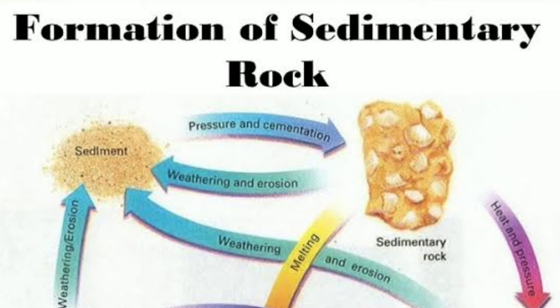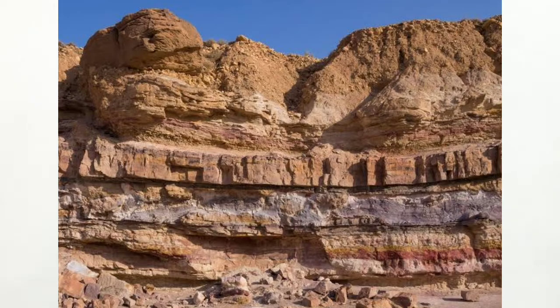With the continuous deposition of these sediments one over the other, layers of sediments form, and due to pressure, these layers are converted into sedimentary rocks. As the sediments are deposited in layers, these rocks are also called stratified rocks, because strata is the word used to specify different layers.